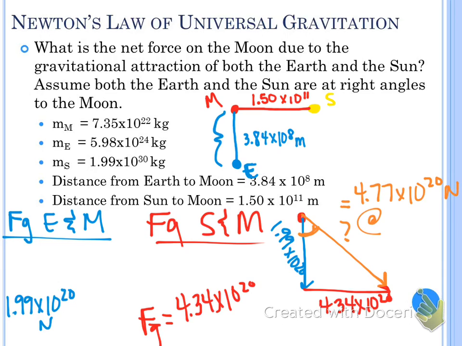We want that angle also, so we're going to use inverse tangent. That gives 65 degrees, and in this particular drawing it is blank of blank. What is it?